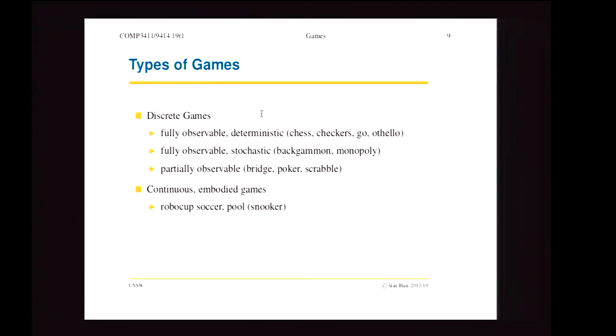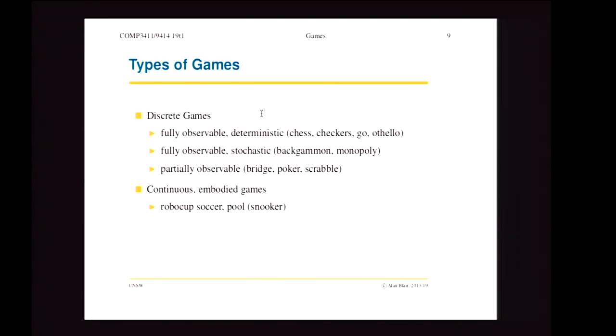Then we move on to things that are fully observable but stochastic. So that's where you have dice rolls involved. So backgammon, where you roll the dice and that determines what kind of move you can make. And same with Monopoly. And then there's partially observable games like card games, where you can't see what cards your opponent has.